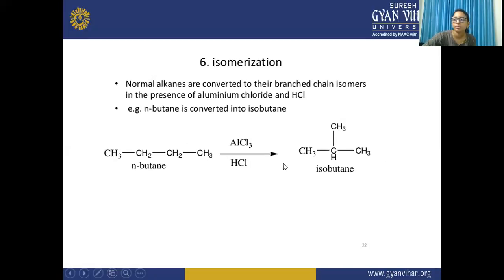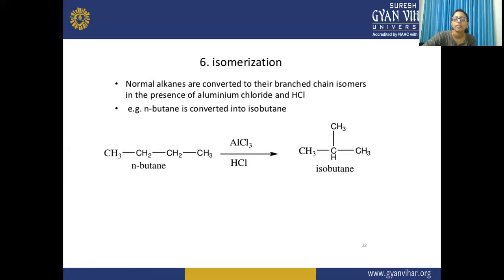Next is isomerization. So in isomerization, normal alkanes are converted to their branched chain isomers in the presence of aluminum chloride and HCl. So here isomers are the compounds that are having the same molecular formula, but their structures are different.